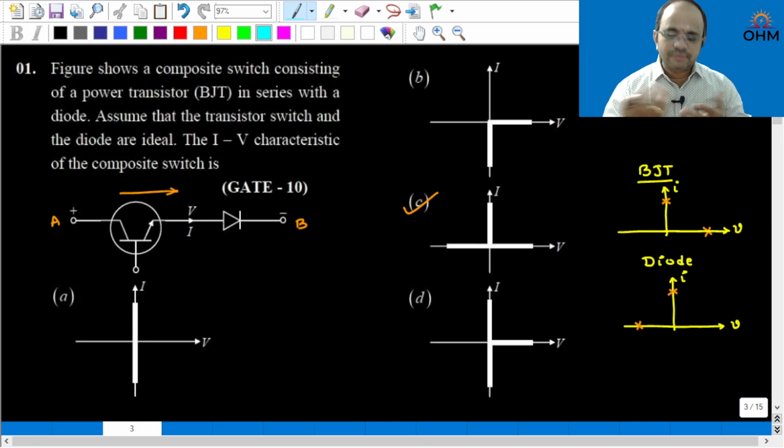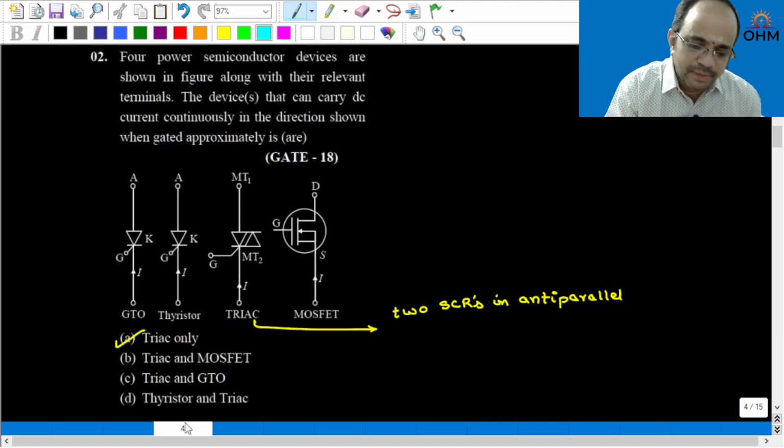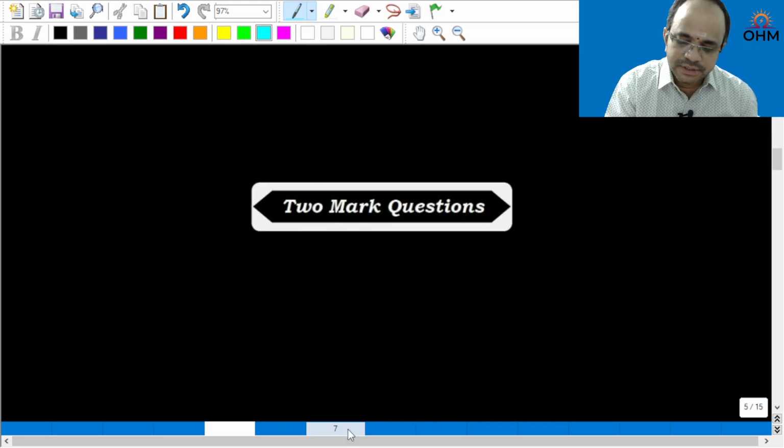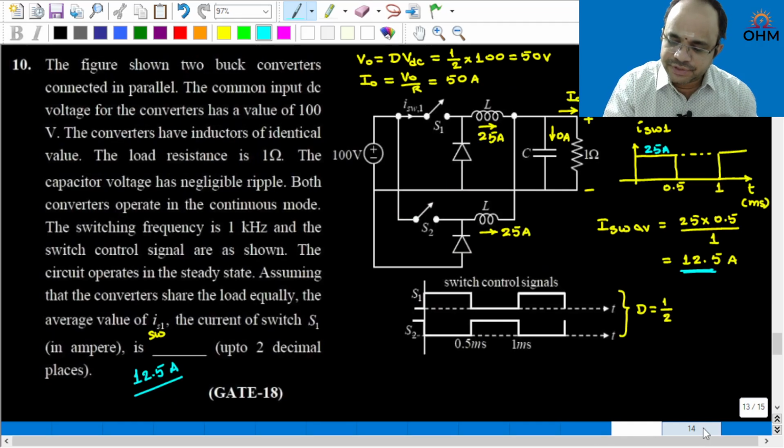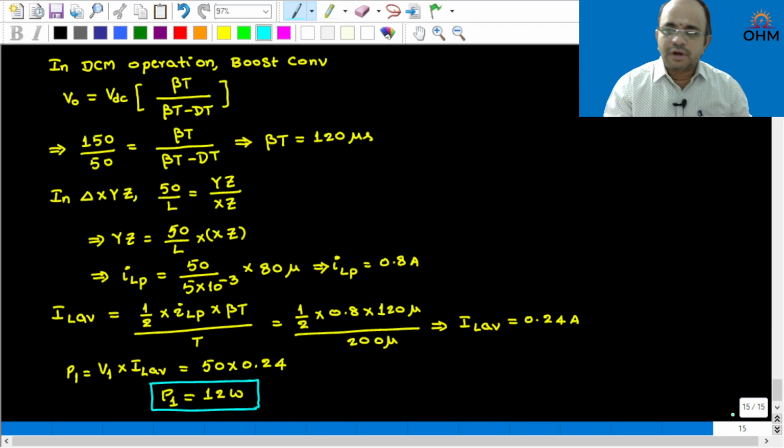That is one of the untapped areas we can consider. Who knows, if they give, you can answer, but you cannot completely ignore this chapter. This is important. If you see the pattern, the questions are not so easy and not so difficult either. If you understand the concept and apply a little bit of analysis, most of the questions are analysis oriented only, especially from power electronics.